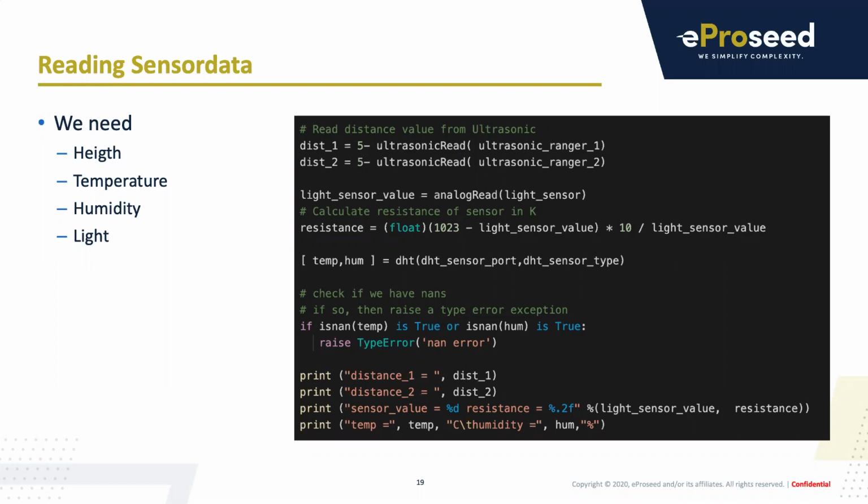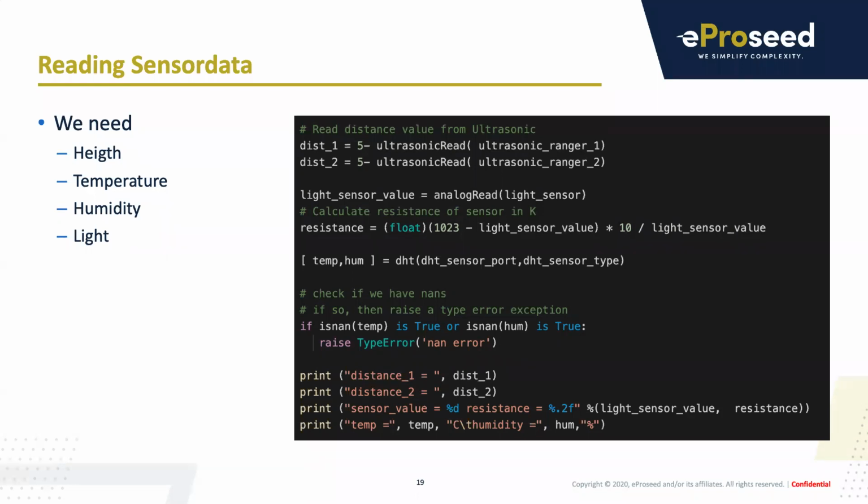If you look at the code, the first 2 lines use an ultrasonic sensor and read the distance. We say the minimum height that we need for this kind of crop is 5, and then we subtract the height that is read by the ultrasonic sensor, and whenever it resolves to 0, we know that the height of the crop is 5.